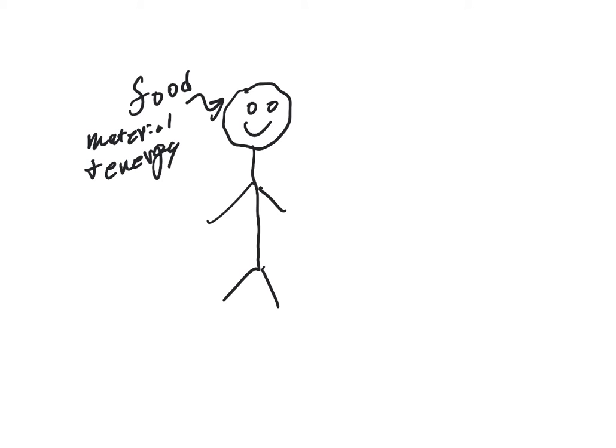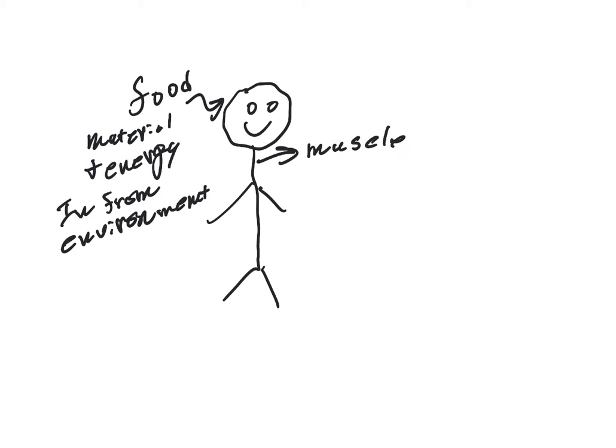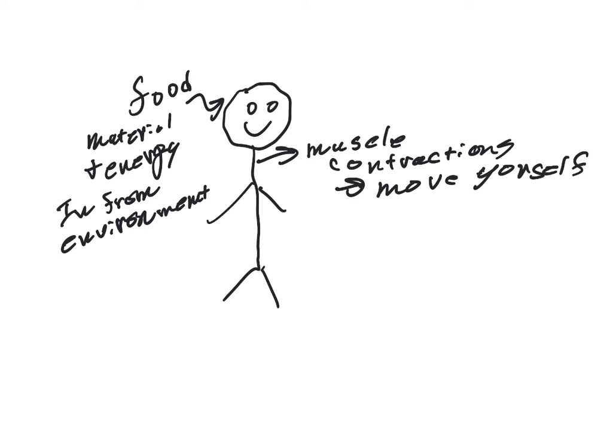So you're taking that in from the outside world, from the environment. And basically what do you do? You have muscle contractions, which basically move yourself, move other objects right here. So we're transferring energy into the environment and basically make new parts of yourself.